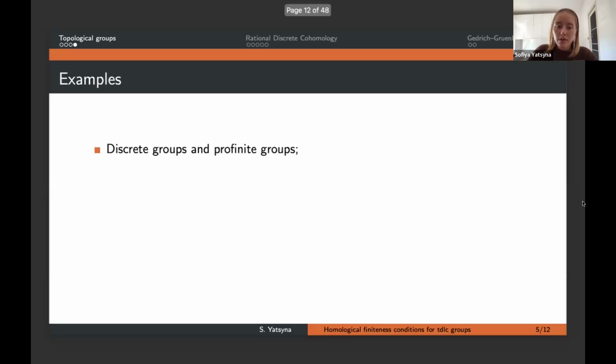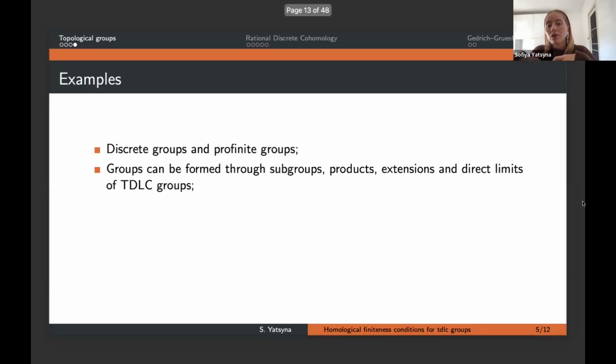Some examples of these will be your discrete groups and profinite groups. These are the two trivial examples you work with for TDLC groups. But also subgroups, products, extensions, and direct limits of TDLC groups can also be TDLC groups. This class of groups is known as elementary groups.